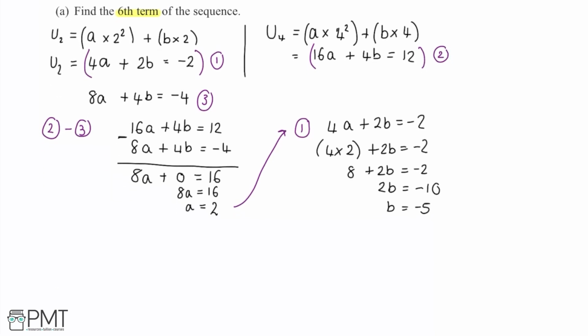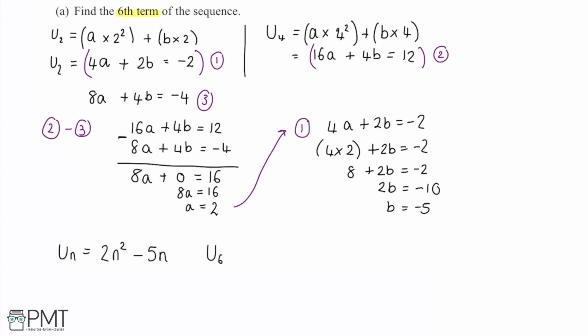So we now have the nth term of the sequence, and I'll just write that out. So un is equal to an squared, so 2n squared, plus bn, where b is minus 5, so minus 5n. Now we want the sixth term of the sequence, and that is going to be the term when n is equal to 6.